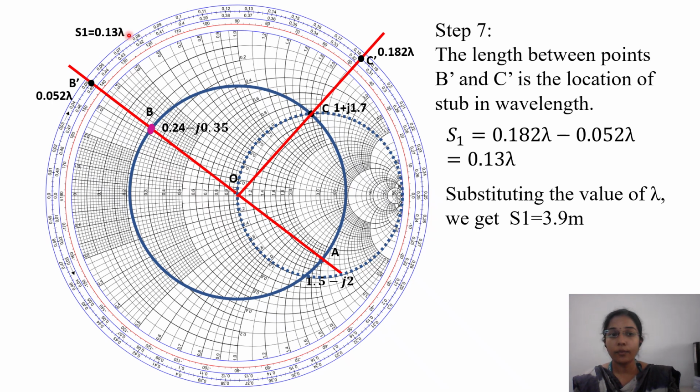By substituting the value of lambda, we know the frequency, from that we calculate the value of lambda, and if we substitute, we get the value of S1 as 3.9 meters. So it means from the receiving point, I'll be moving 3.9 meters towards the generator and placing my stub.